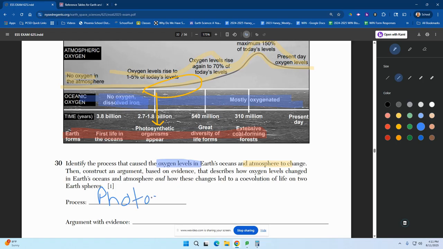And then we have to support our claim here. We're making the claim that photosynthesis is what caused oxygen levels to change. Arguing with evidence means we have to explain why that would cause this change.